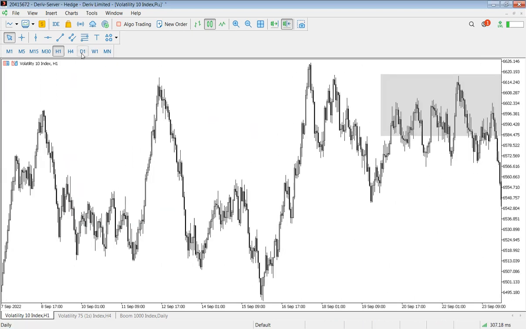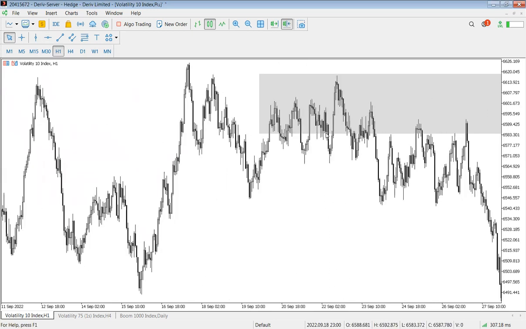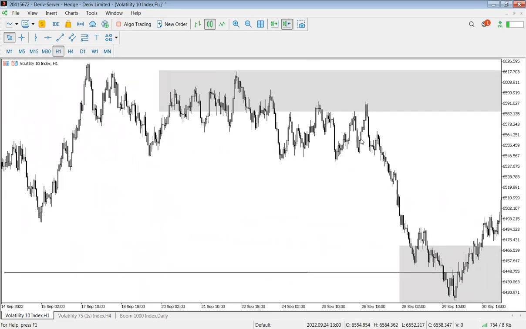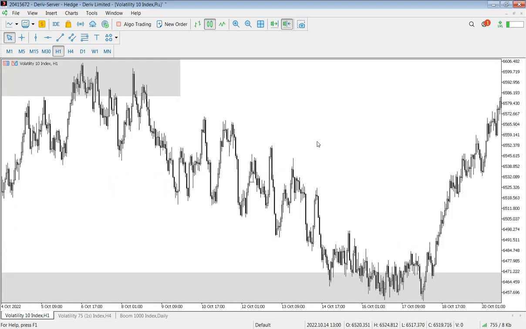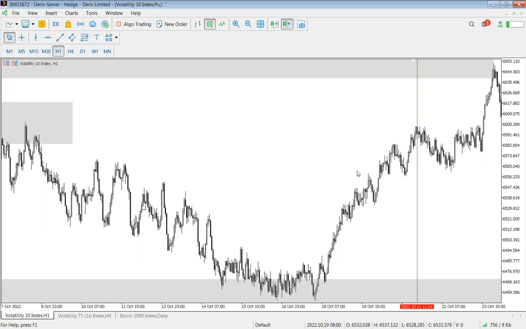Because I used a daily time frame for my structure, I will use H1 for my entry, because if I decide to refine it to a lower time frame, I might miss the move. Here was the vertical line on our daily time frame.